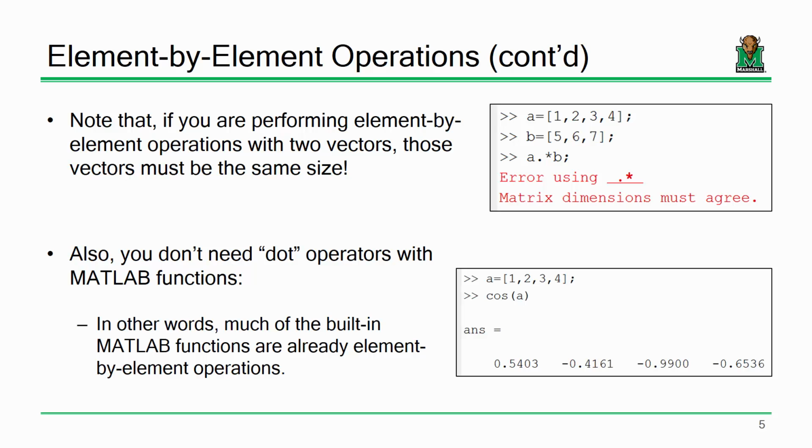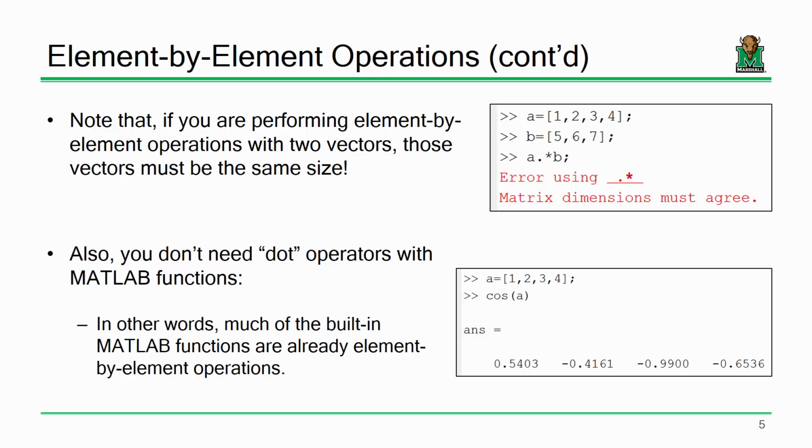So it's going to say 1 times 5, 2 times 6, 3 times 7, 4 times, there's nothing there. So if you want to do element by element operations, that's fine, but they've got to be the same size. Does that make sense? Now, if you had a vector just times 4, that would be fine. Does that sound good?